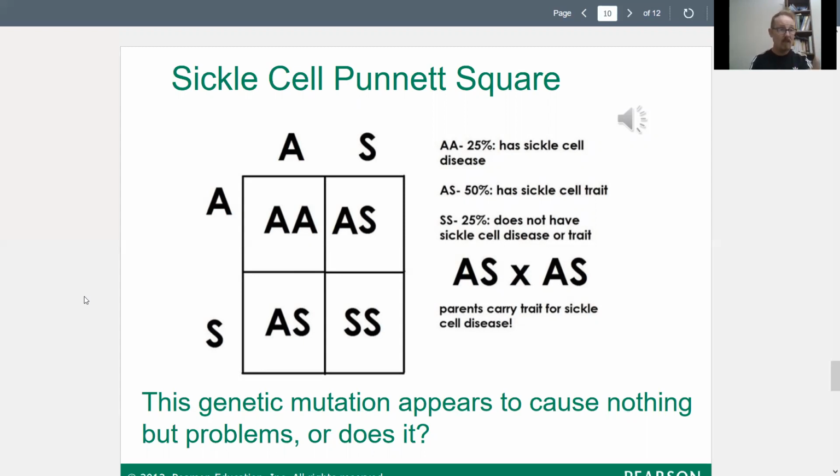When they come together, a typical Mendelian mating will occur, and we'll have one completely normal, two normal chains, homozygous dominant. We will have two heterozygous individuals, that's A with the S, normal with the abnormal. And of course, on average, we'll have 25% of the population which will have a homozygous recessive condition marked by the SS. Okay?